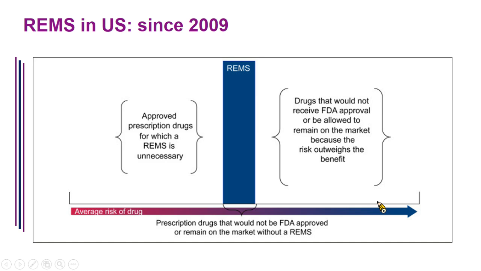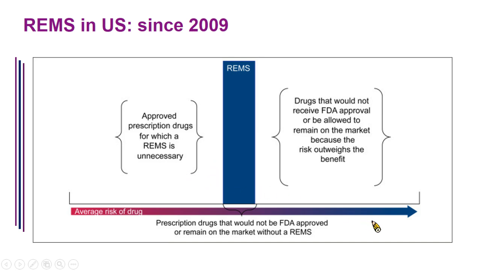But in terms of the medication level, you can say that we can separate the medications into three categories here. That is, medications that have no such important safety issues and have already been approved for prescription use, which in these terms have a relatively lower risk, so REMS is unnecessary.